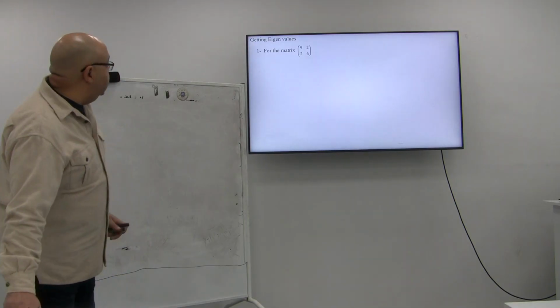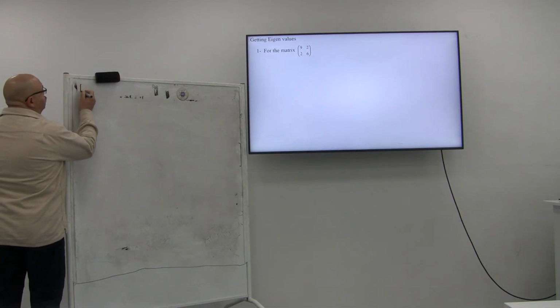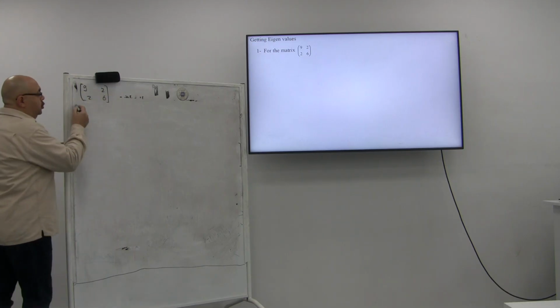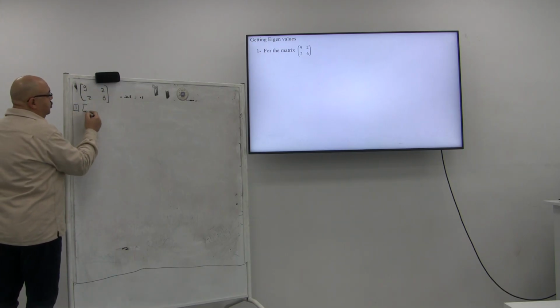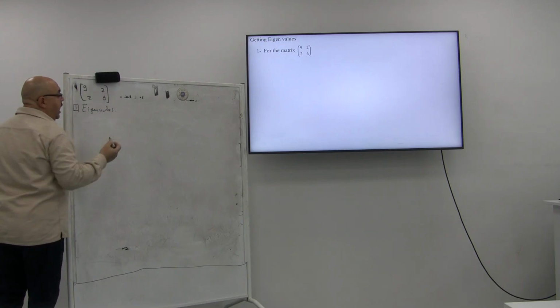Once more, Mr. Hussein, I will start with the matrix. The matrix is given by 2 rows and 2 columns: 2, 2, 2, and 6. The first step, as I told you, is to find the eigenvalues. How to do this?